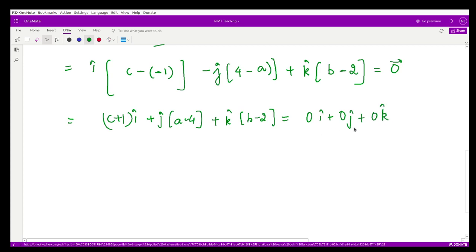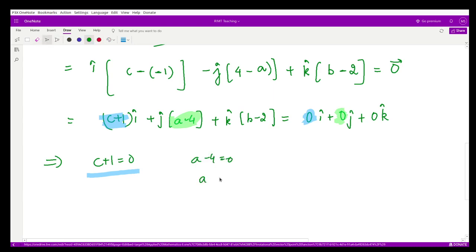Now you could equate the components of the i, j and k cap vectors. So this implies c plus 1 becomes equal to 0, and then a minus 4 is equal to 0.